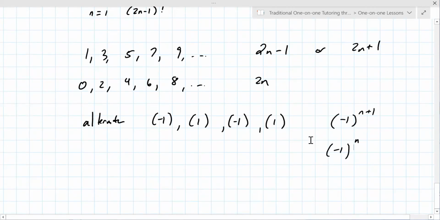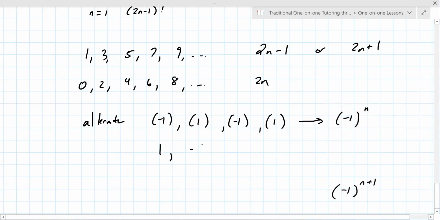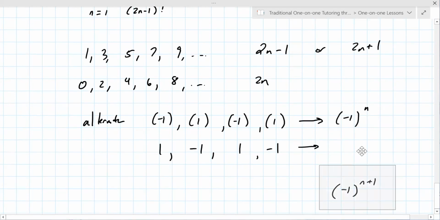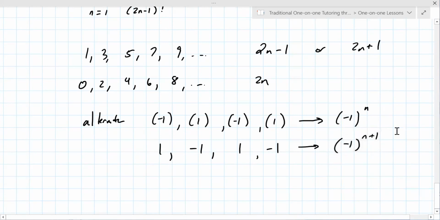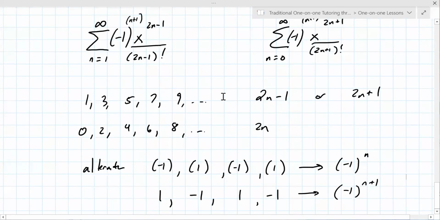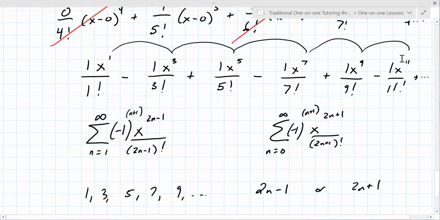I may have got these reversed. Yeah, sorry, this one is right there. But if you want 1, -1, 1, -1, it's the second form. And these are shortcuts that help you on tests. You don't have to remember how to do it. But I don't know if your instructor is looking for this.